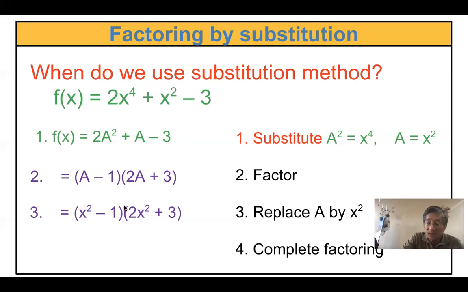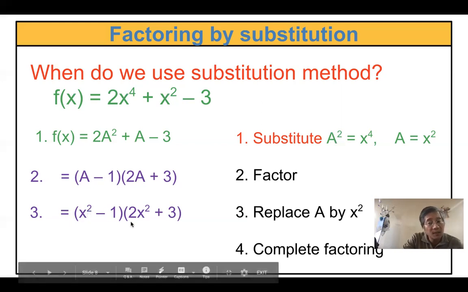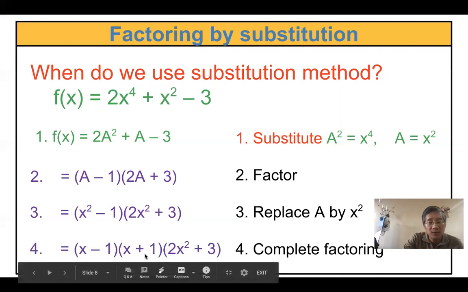A squared minus b squared forms a minus b, a plus b, you remember, right? Or you can use the Kim's method again, if you want to. So you can complete the factor. X squared minus 1 is x minus 1 times x plus 1. 2x squared plus 3 is not factorable, so leave it. So this is the way you complete the factoring, right?